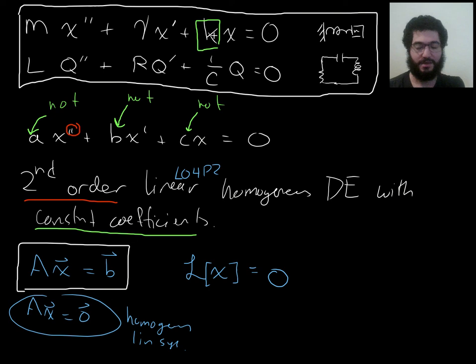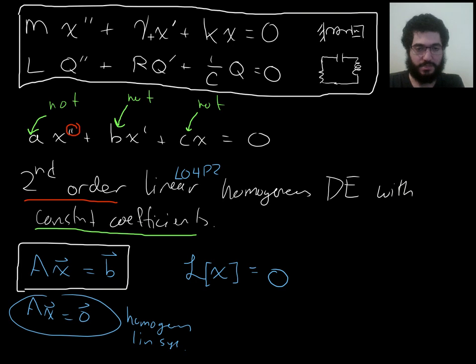If you make K large, then more energy is stored in the system when the spring is displaced by the same amount. For larger K, the same displacement leads to more potential energy. And 1 over capacitance can be thought of the same way. So this is like an energy storage term in the differential equation.